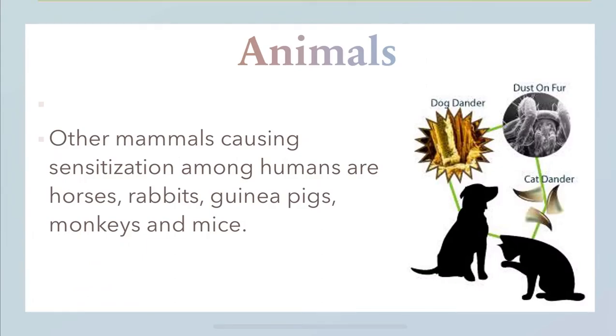Animals. Other mammals causing sensitization among humans are horses, rabbits, guinea pigs, monkeys and mice. These animals contain dander, dust and fur, which can be a cause of allergic rhinitis.